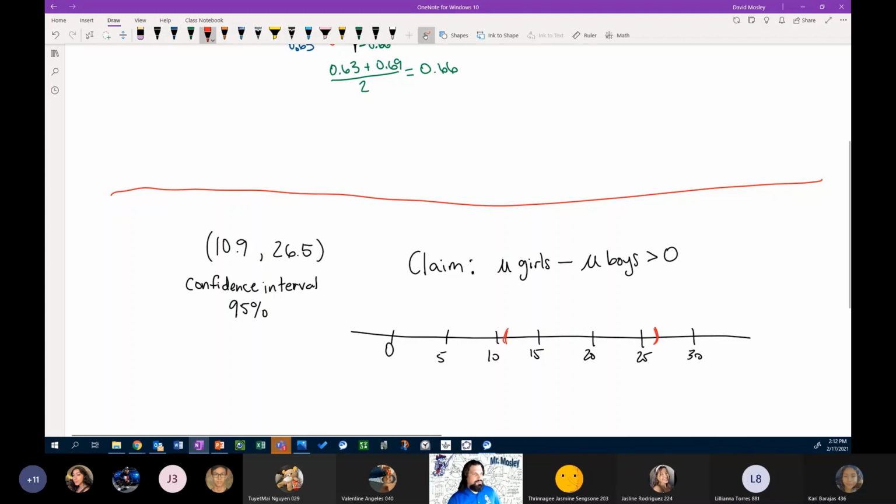So this section of my line is the plausible values for the difference in means. 0 is not in my interval, which means it's not a plausible outcome. Because it's not plausible, we have good evidence saying that it's not 0. So there is a difference. I don't know if I over explained that or if that made sense.